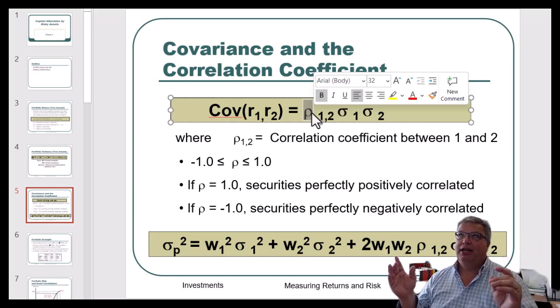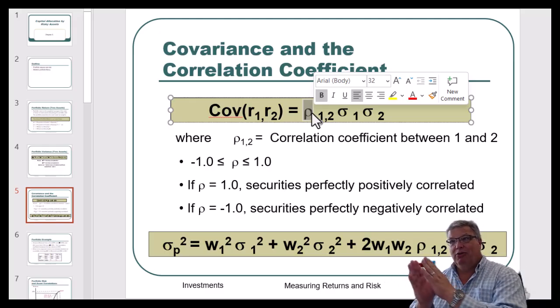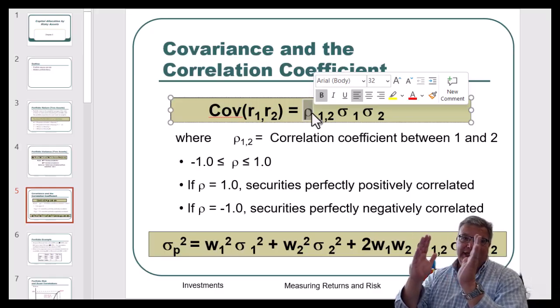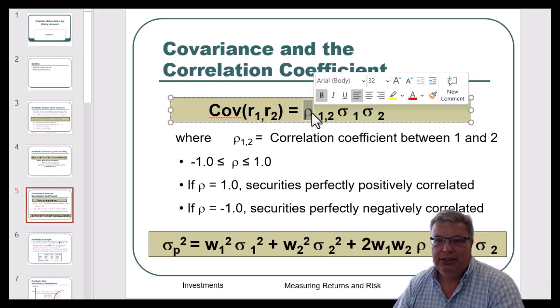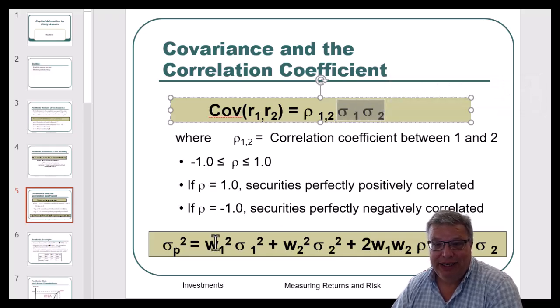If I tell you these 2 stocks have a correlation coefficient of +1, that means they're always moving in perfectly the same direction. And so that makes it a little easier to understand than this weird number, covariance. Then you multiply the correlation coefficient by the individual standard deviations, and that gives you covariance.